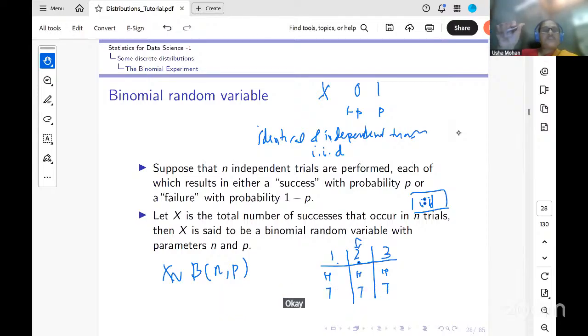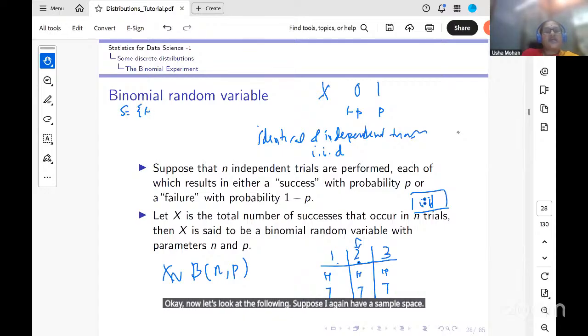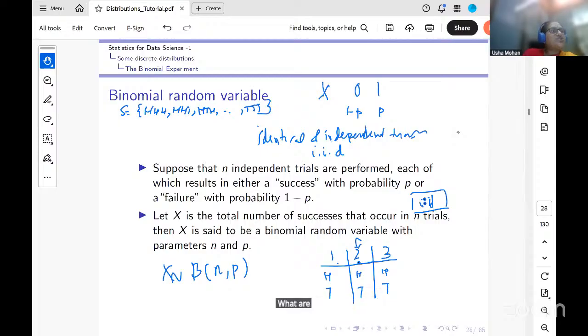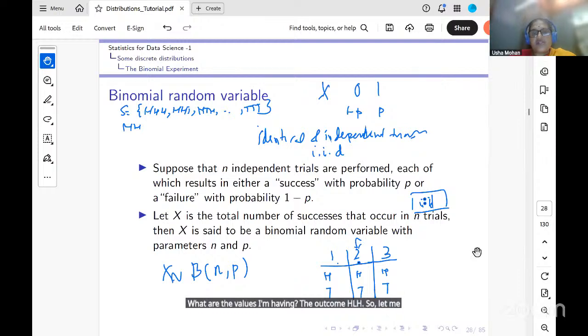Now let's look at the following. Suppose I again have a sample space, and I'm tossing a coin 3 times. Let me write down all these outcomes.